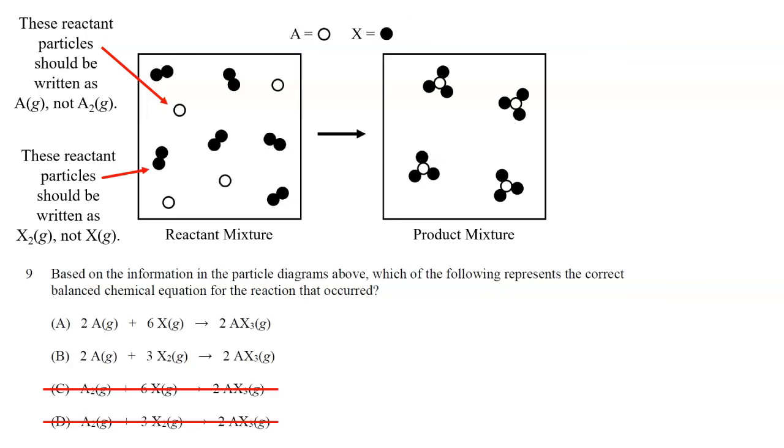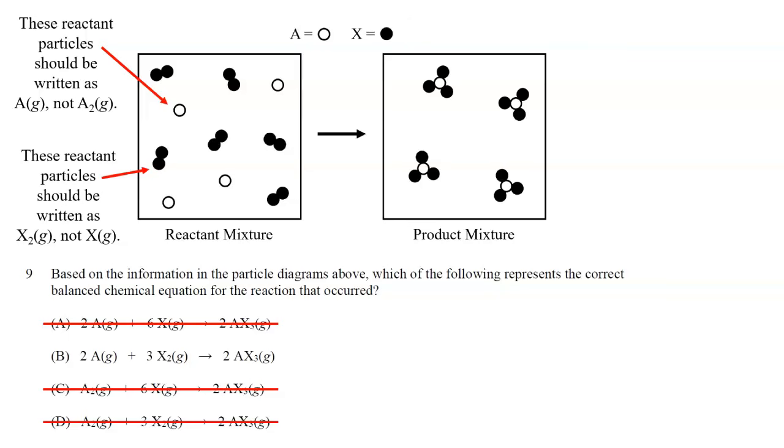There are 2 black circles touching each other, so these reactant particles should be written as X subscript 2, or molecules of X2, and not individual atoms of X. So looking at our two remaining choices, we can eliminate choice A because it shows X by itself instead of X with a subscript of 2. So I'm going to eliminate choice A.